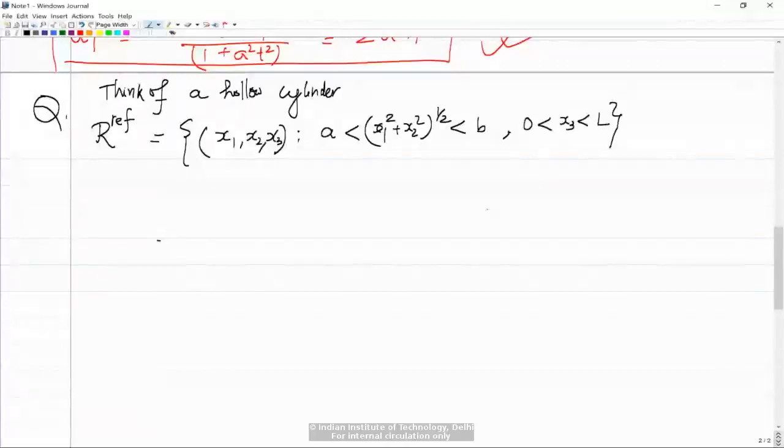Okay, if I have to draw this, then if it is E1, E2, then here is the cross section of the cylinder.